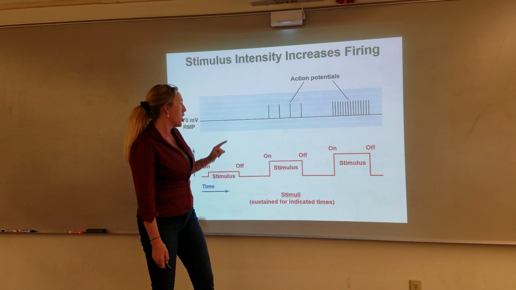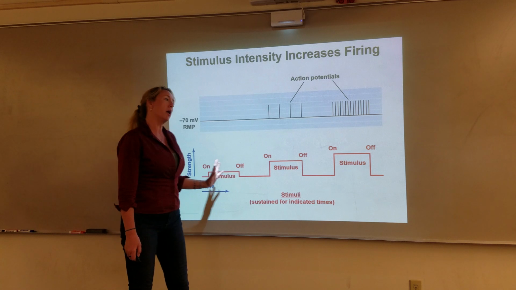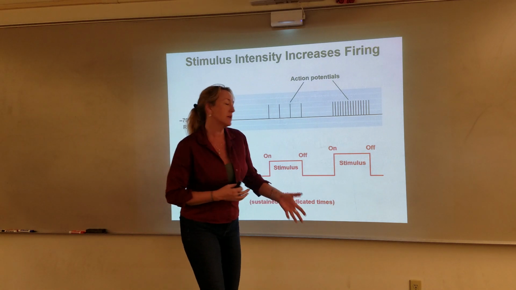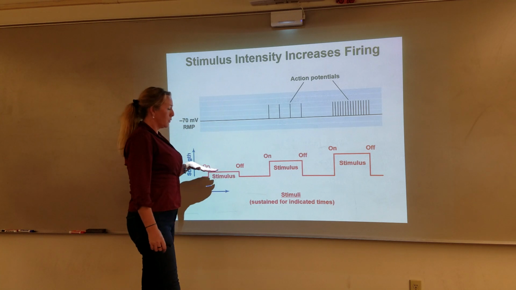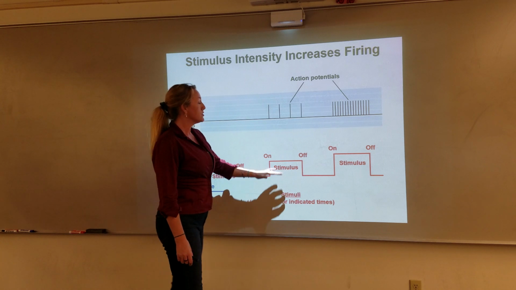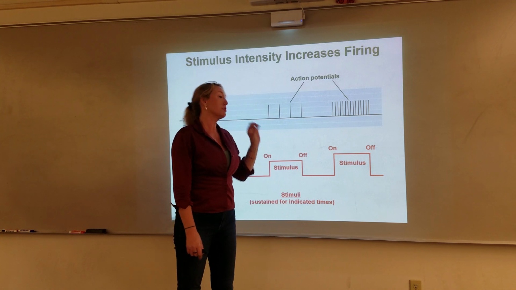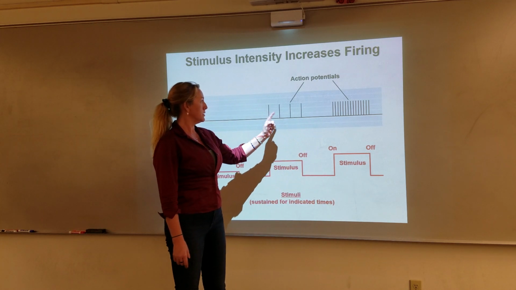That does not change. What changes is if we give longer stimuli, like we turn them on and off: dump on a bunch of neurotransmitter and then remove it, or put in electrical current and then stop it. If we do a weak stimulus, we don't get action potentials because threshold is not reached. If we do an intermediate or big enough stimulus, threshold is reached, and we get a frequency of firing that's like boom, boom, boom, boom.